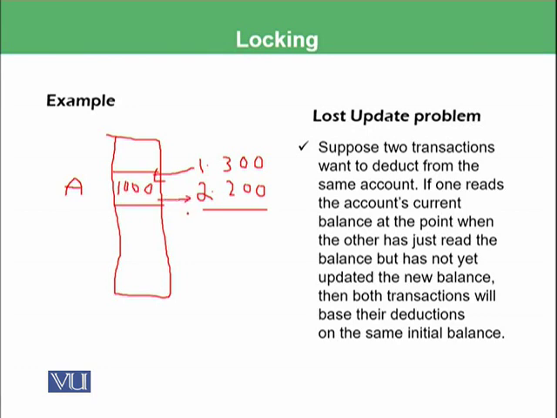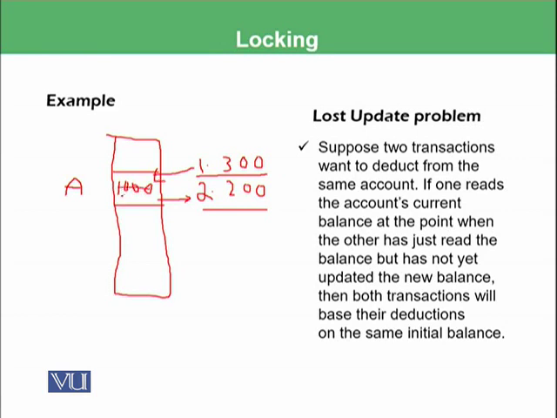However, in this problem, transaction 1 reads this balance as 1000 and transaction 2 reads this balance as 1000 again, the same, because transaction 1 has not updated it and that updated value has not been used by transaction 2. So what will happen? This 1000, by executing instruction 1, will become 700, and that 700 will be saved over here.